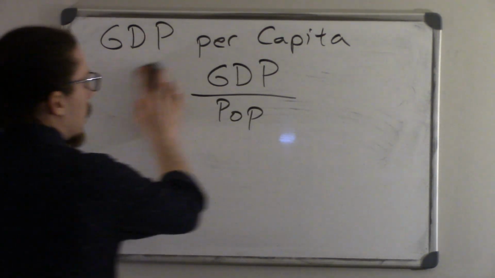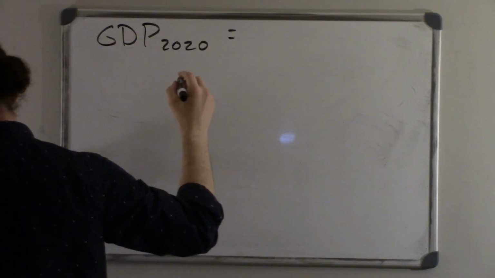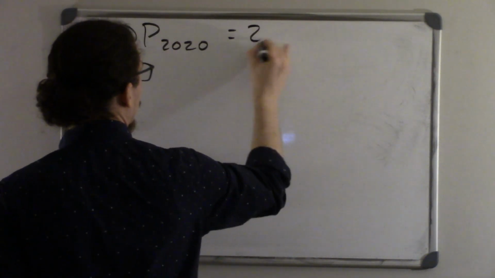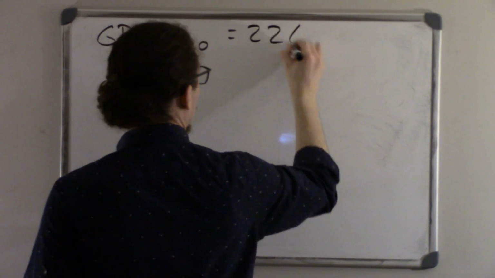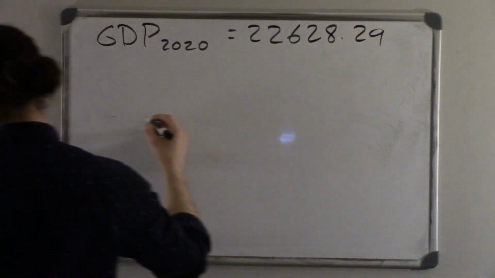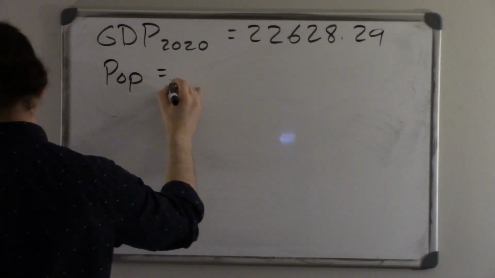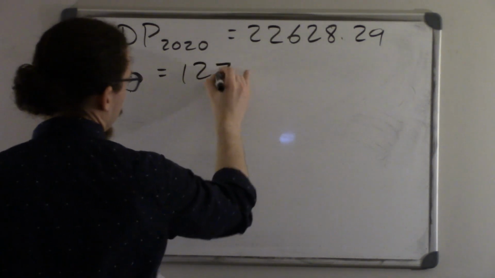So let's just look at a quick example. It's not a difficult calculation, but just so we can say that we did one. If we remember from the last video, our GDP for Wholeland in 2020 was 22,628.29, and we're going to say that the population was 127 people.